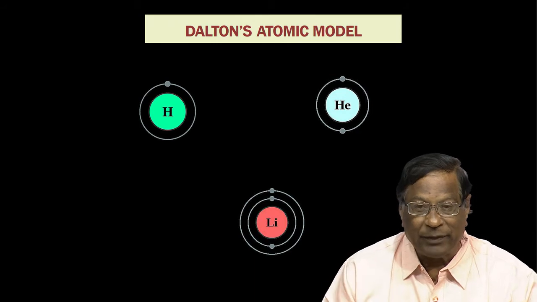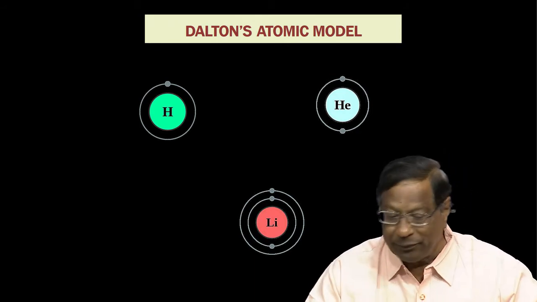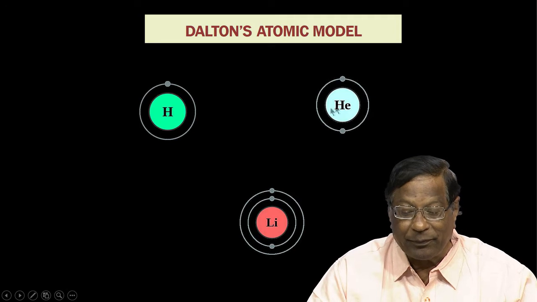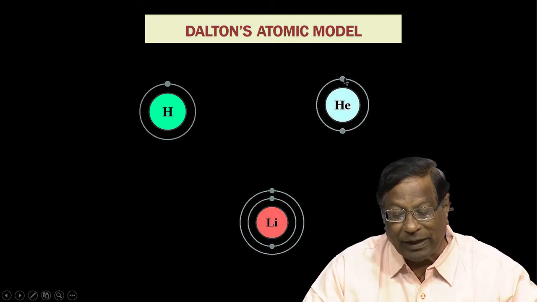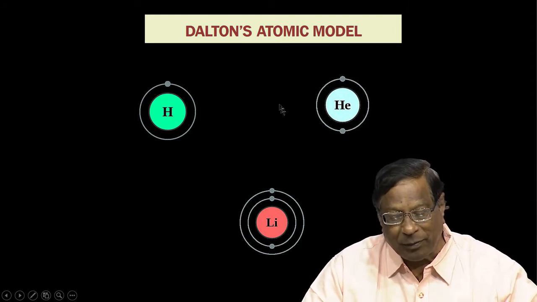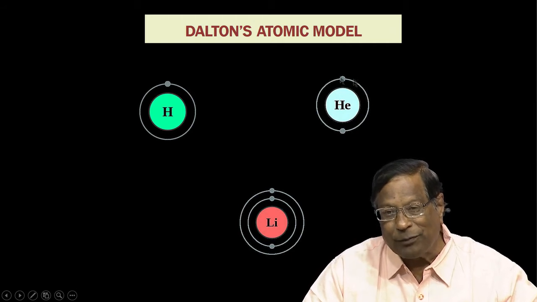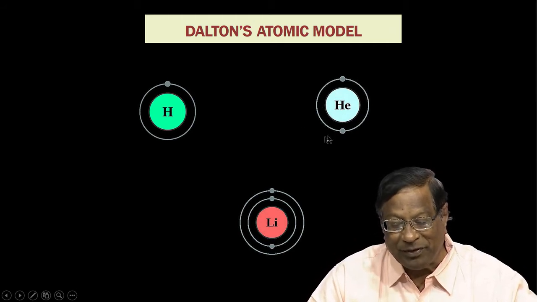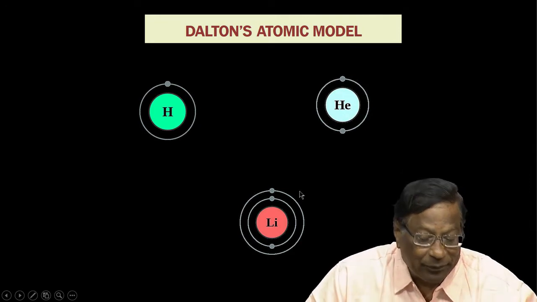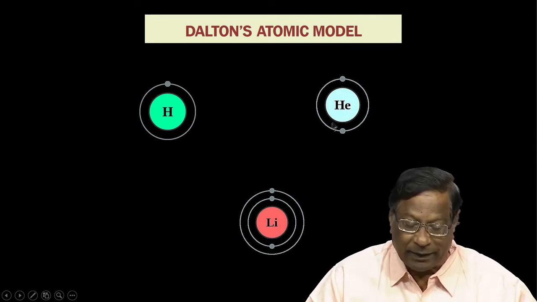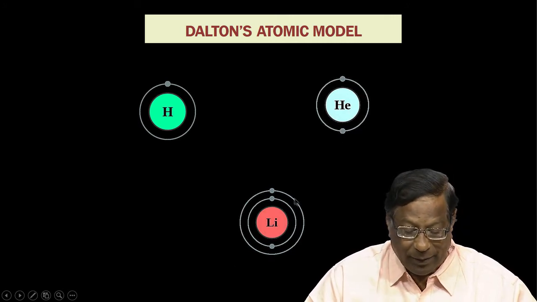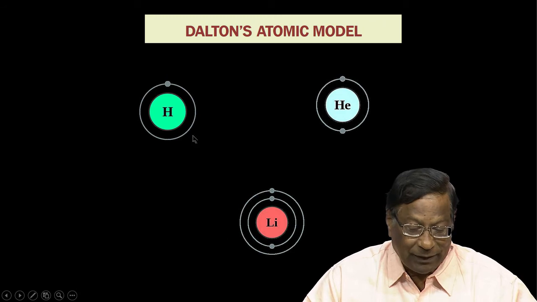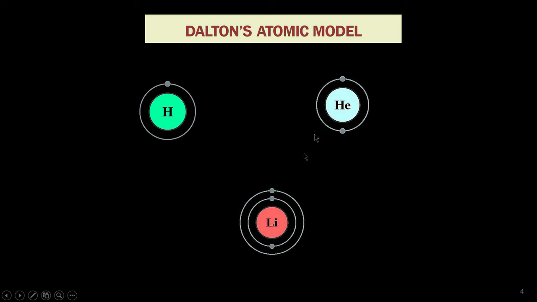Next is helium, and this helium atom is distinct from hydrogen and has 2 electrons. This concept of electrons did not come from Dalton, but there is a representation here, which is why I have not shown them distinctively. What I am trying to show you here is that every atom is different from the other.